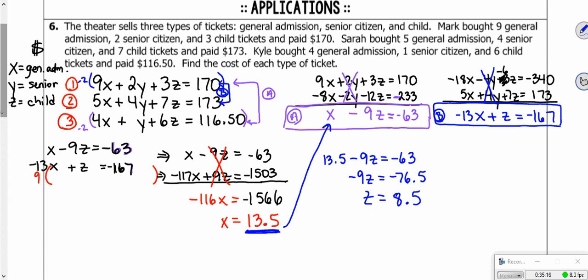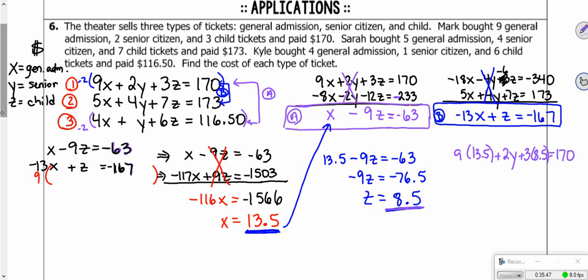How do we get y? Now we plug the x and the z into one of our first three equations to solve for the missing y. So I'm just going to plug it in the top one. So 9 times 13.5 plus 2 times y plus 3 times 8.5 equals 170.